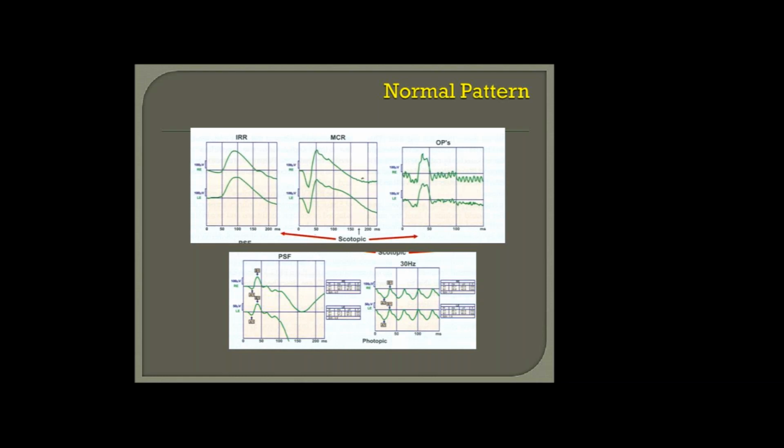That is what ISCEV always says, that you should have your own normative data, no matter which background you are in. If you are in India, Nepal or Bangladesh, or if you have labs in different setups, you must have your own normative data, because you may be seeing a different type of people in one setup and different people in another setup.